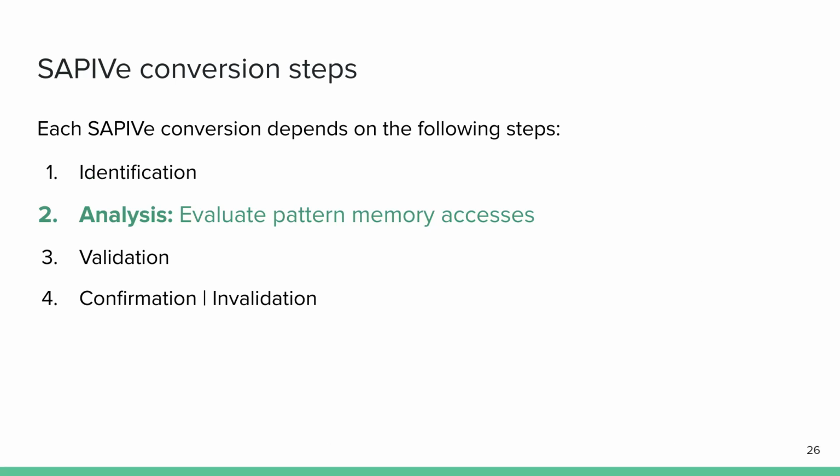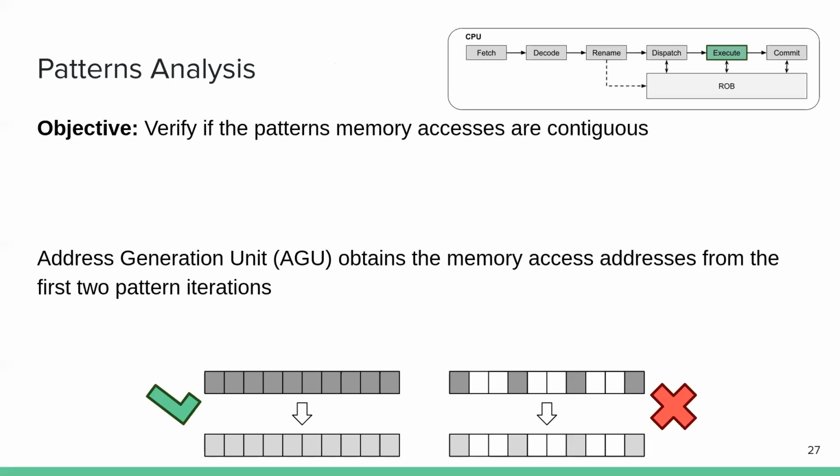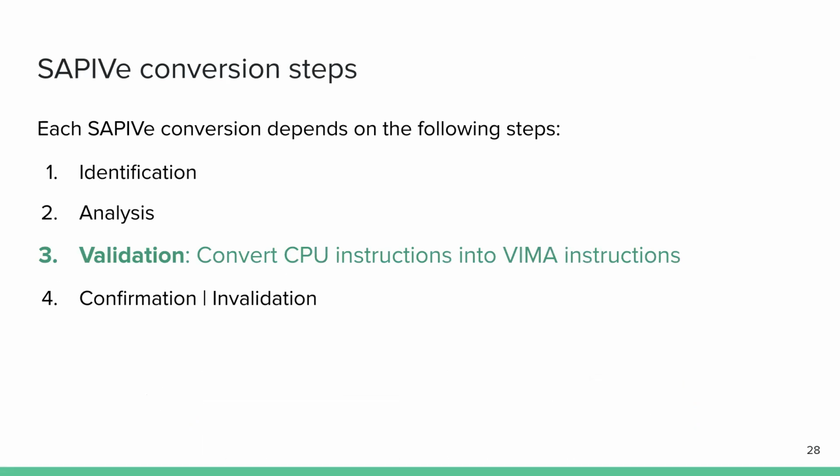The second step is the analysis, where these pattern memory access addresses are evaluated. This evaluation is made in order to discover if the memory accesses are contiguous. So the first two loop iterations are evaluated, and if the memory addresses are contiguous, we go to the third step.